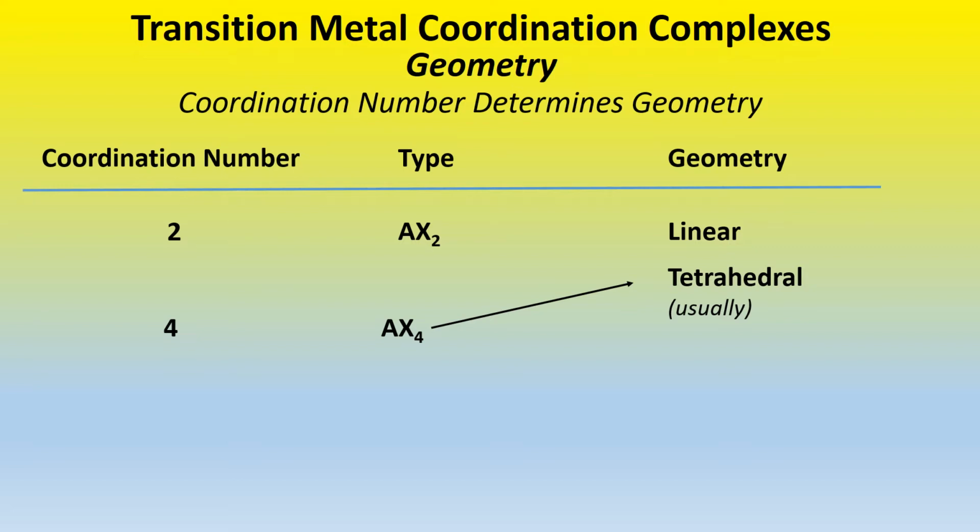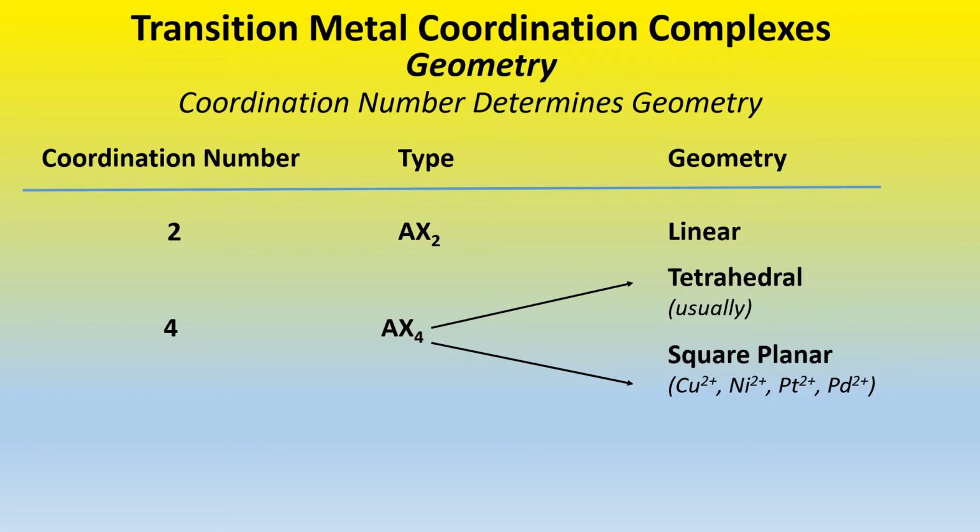However, there are exceptions, and it is always easier to remember the exceptions than the rule. In this case, there are 4 exceptions. A coordination number of 4 with a central cation of either copper 2+, nickel 2+, platinum 2+, or palladium 2+ will form what is called a square planar complex, which, as the name implies, is planar, flat, with everything 90 degrees apart.